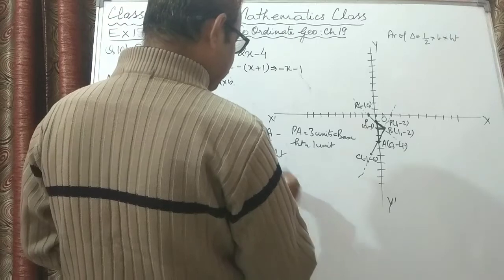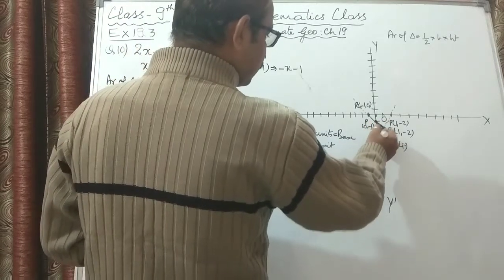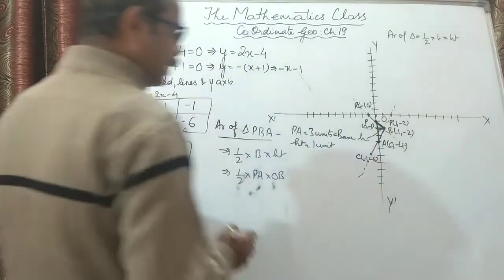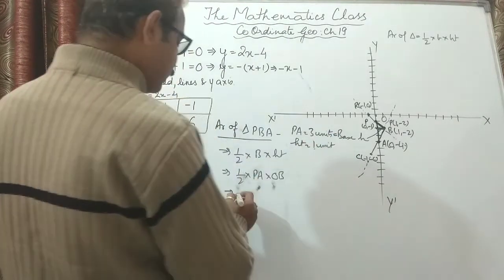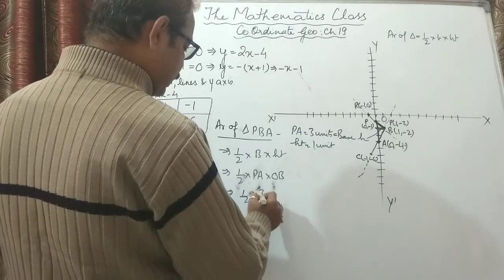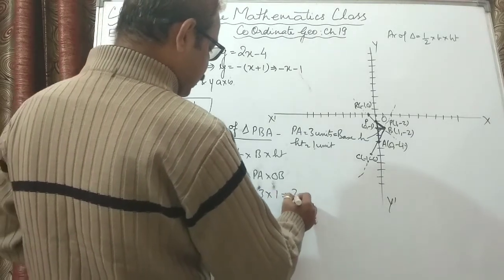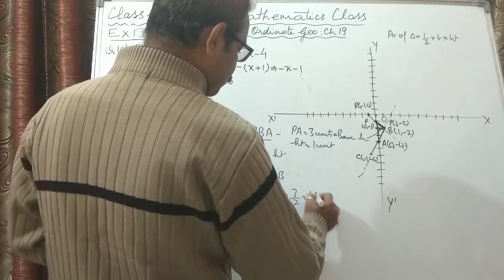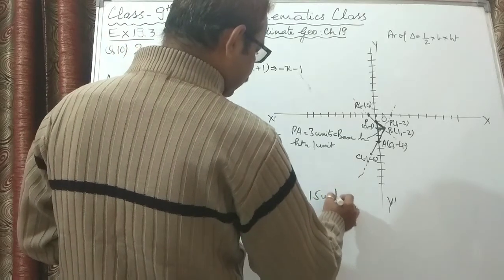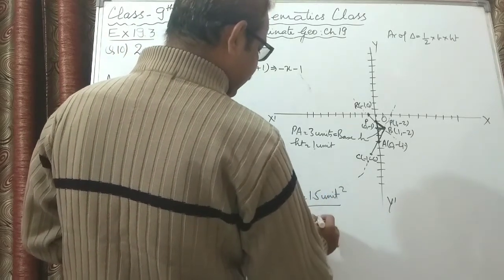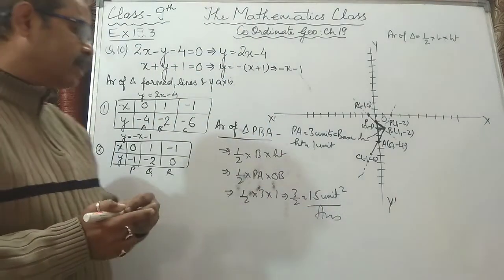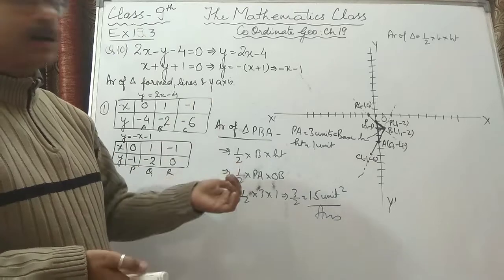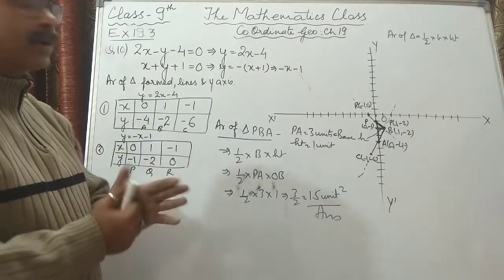So OB is your height. This perpendicular is your height. We have calculated 1 and 3. So half into 3 into 1, that is 3 upon 2, that is 1.5 unit square is the area. So that is how we calculate the area of the triangle along with the lines. So this is your final value.